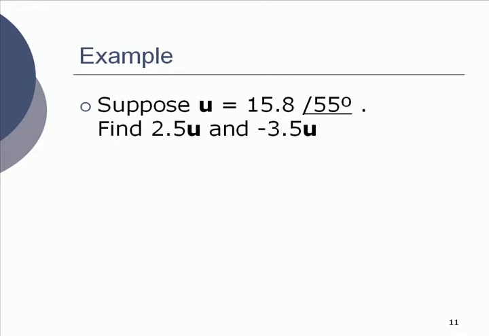Okay, let's do an example. Let's say that u is equal to 15.8 at 55 degrees. We want to find 2.5u and negative 3.5u.